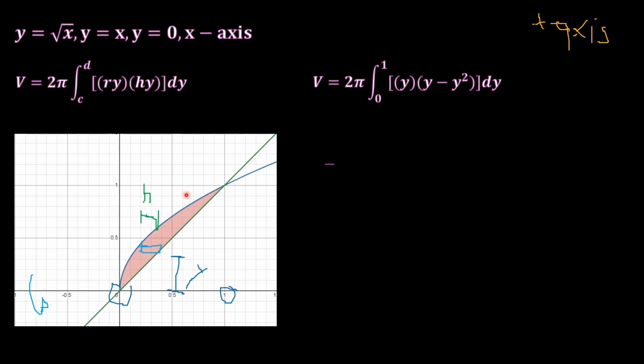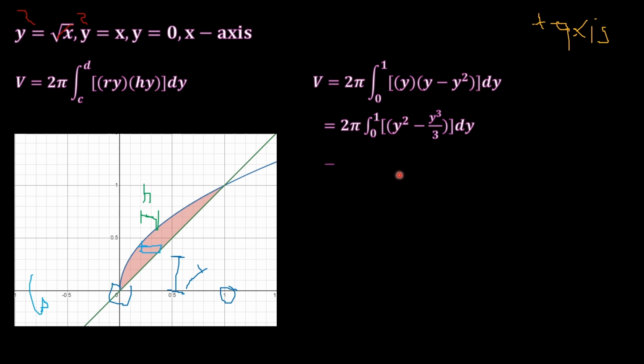So to get that length, we will just be subtracting this function with this function. Essentially, the function that touches the top of the rectangle minus the function that touches the bottom of the rectangle. So we get y minus y squared. This becomes y because x is just y, and this becomes y squared because we will be squaring to remove the radical. So in terms of y, square root of x becomes y squared.